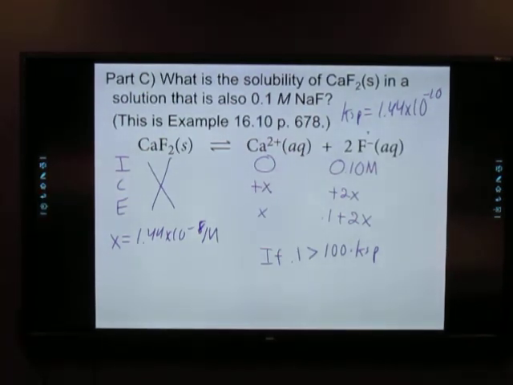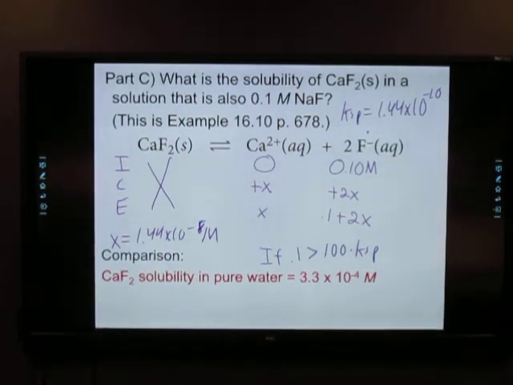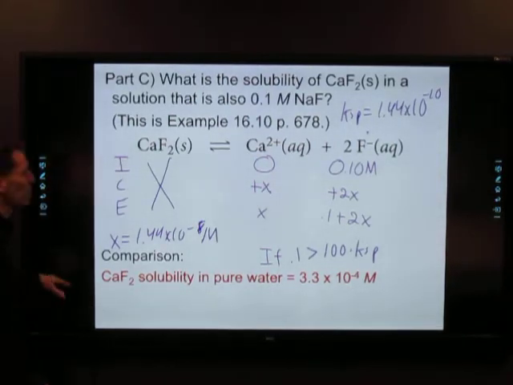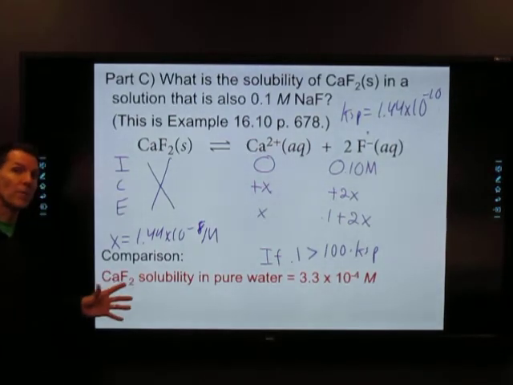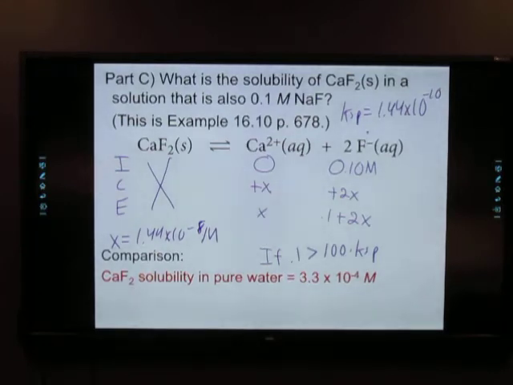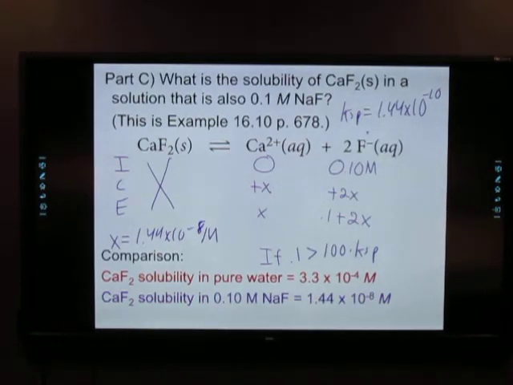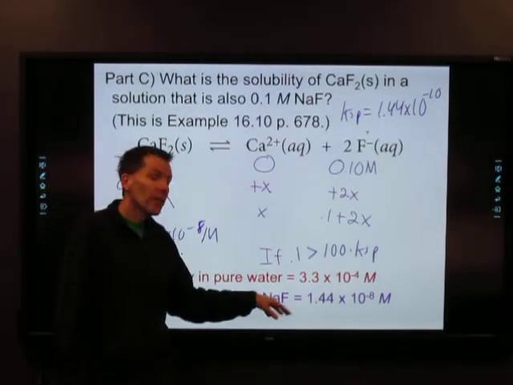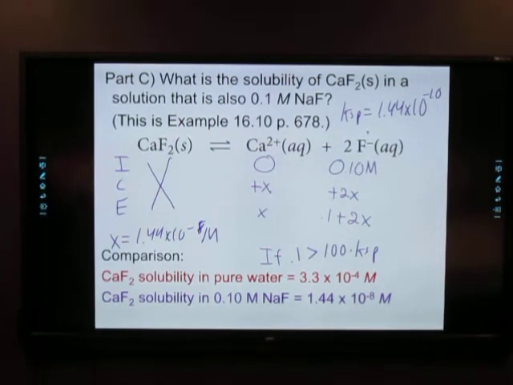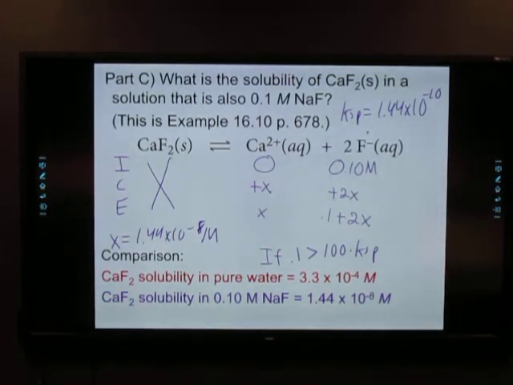We didn't do the other problem here, but if you did this in pure water, that's given in that previous slide. The solubility of that compound in pure water is 3.3 times 10 to the minus 4th. Under these conditions, it's 1.44 times 10 to the negative 8th. And so the solubility goes down by many thousands of times.